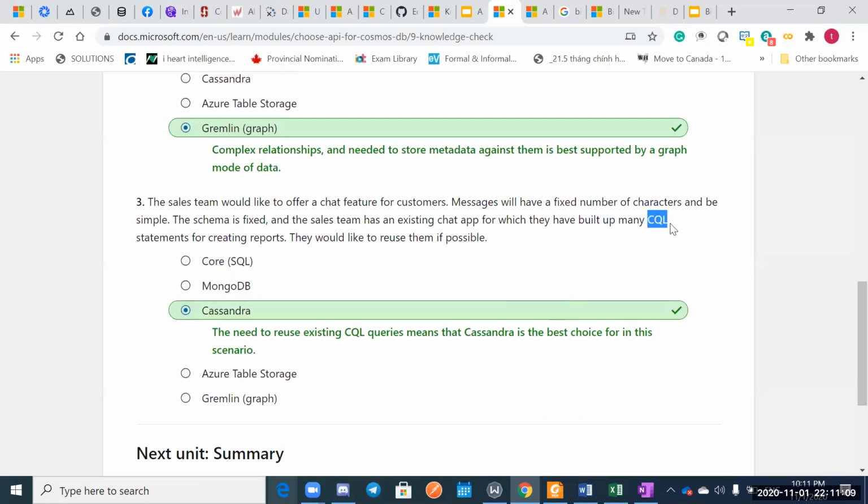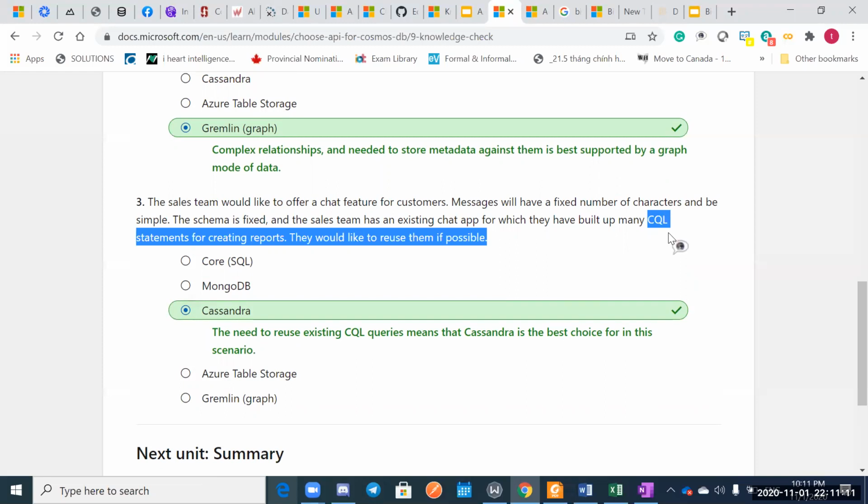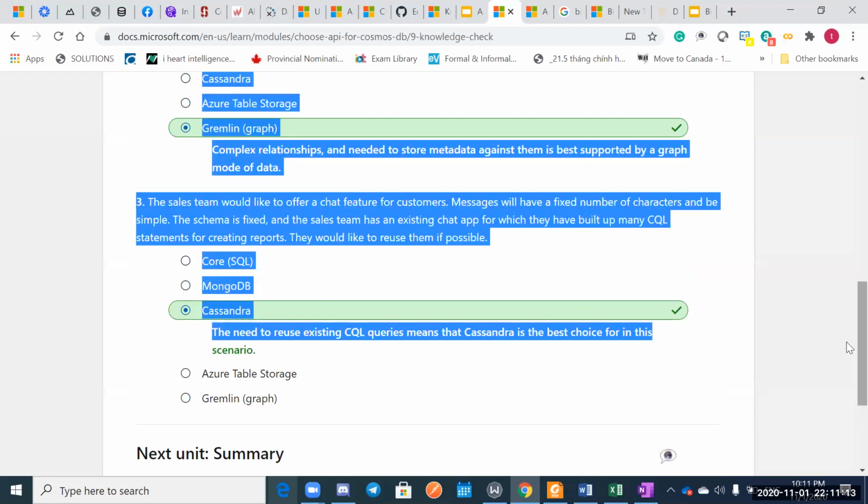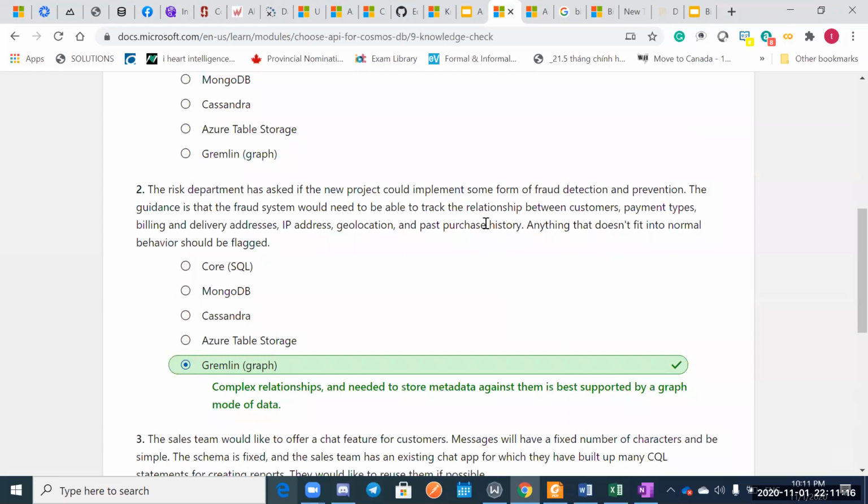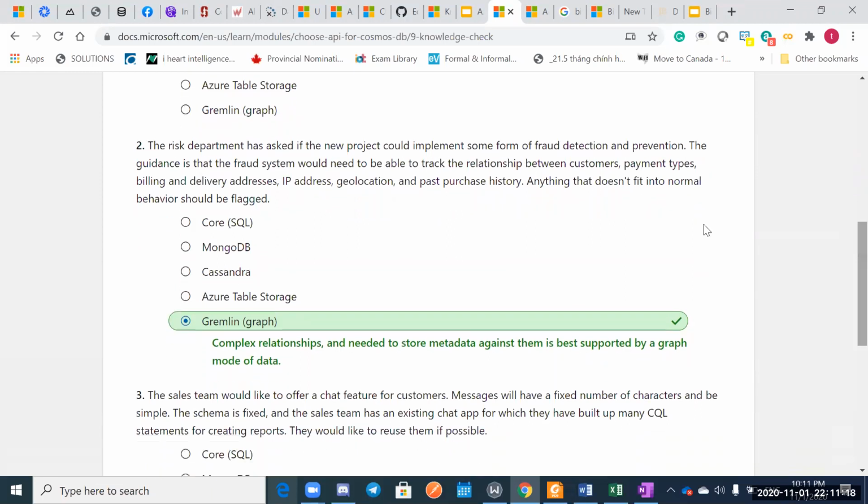Number 3 is Cassandra because they already have the Cassandra application here. Number 2 is Gremlin because it's graph, right? You need to remember this. Gremlin is mainly for graph, where you have relationships. Graph is about connecting each node together.